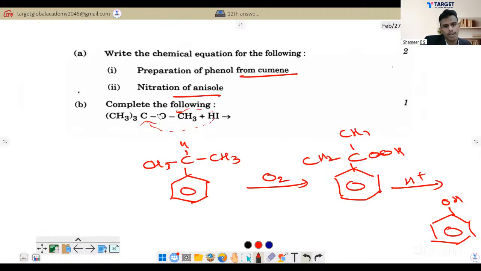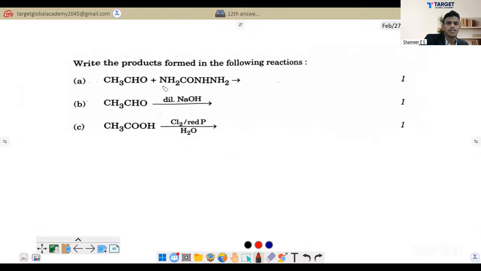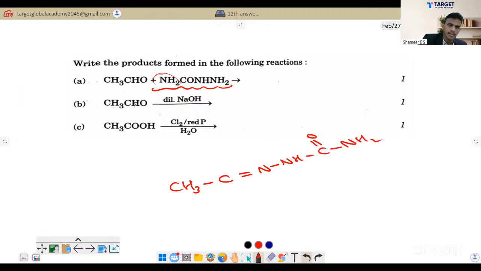Tertiary carbocation is most stable. Then semicarbazide: this NH2 will not donate electrons, you will get CH3 C double bond N, NHCONH2. This is the aldol reaction. Alpha halogenation: here one hydrogen will go and chlorine will come.